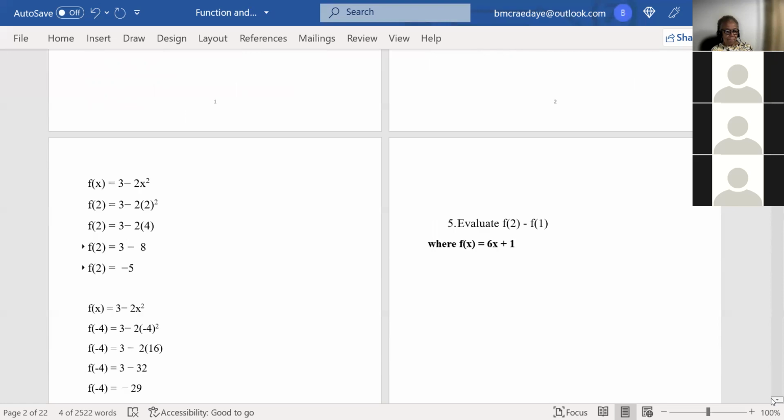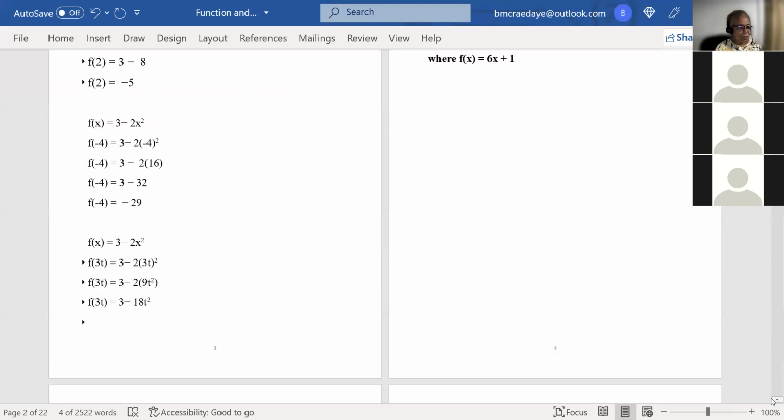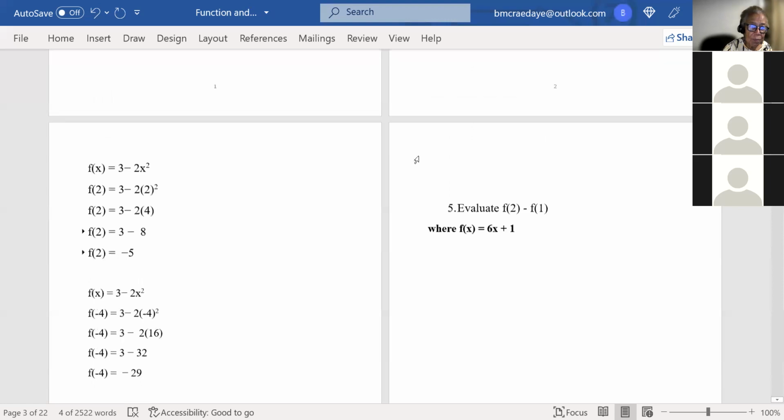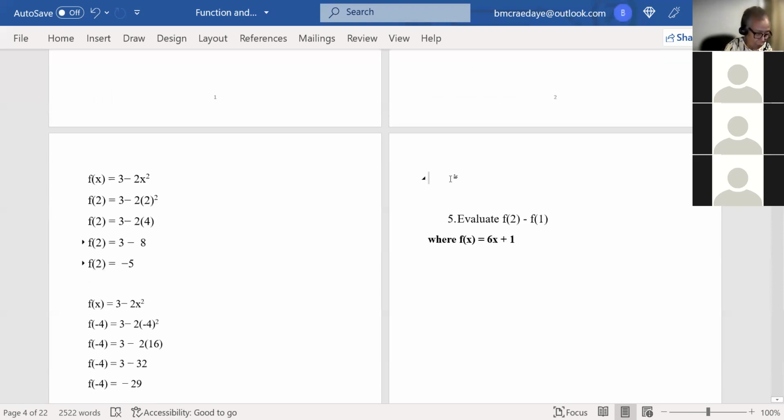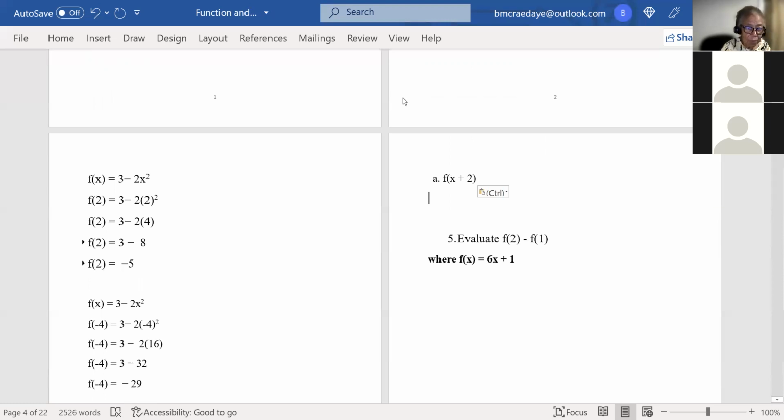So wherever you see an X, you're going to put an X plus 2.